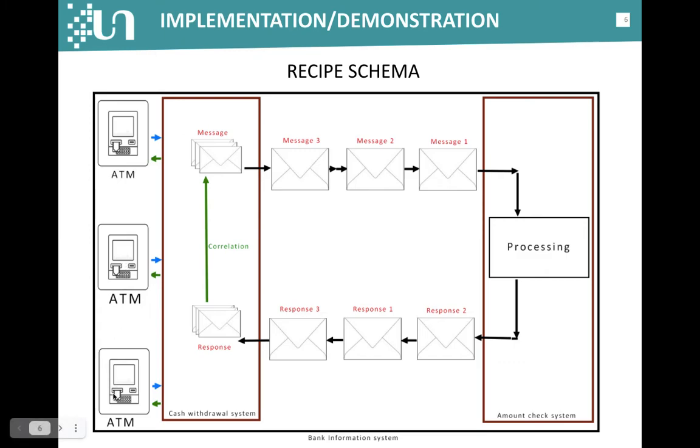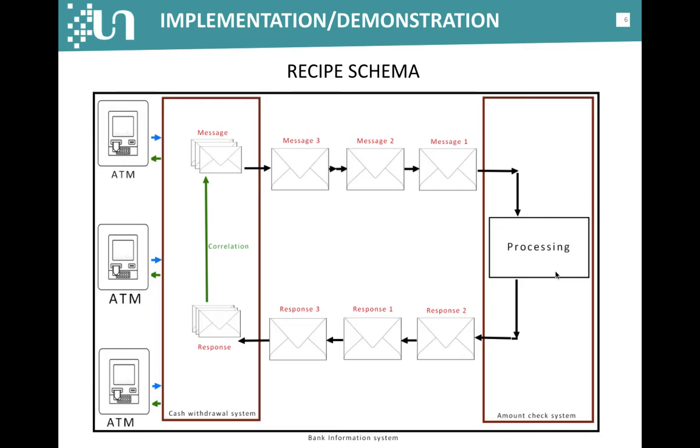We have many ATMs which send withdrawal requests to the cash withdrawal system, and the withdrawal subsystem sends a request to the amount check system to know if the amount the user asks for can be withdrawn.